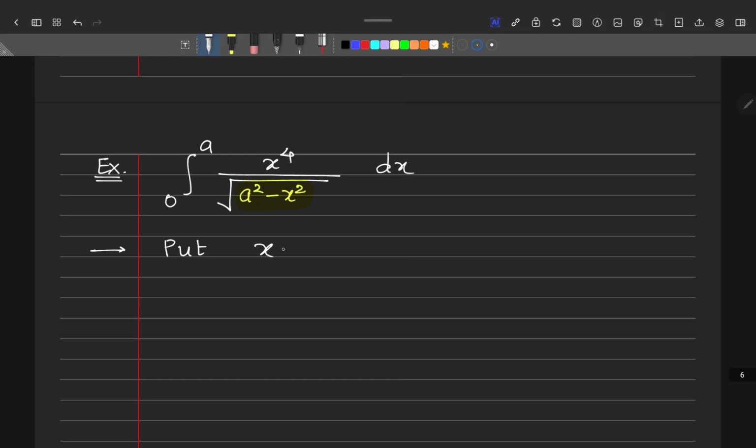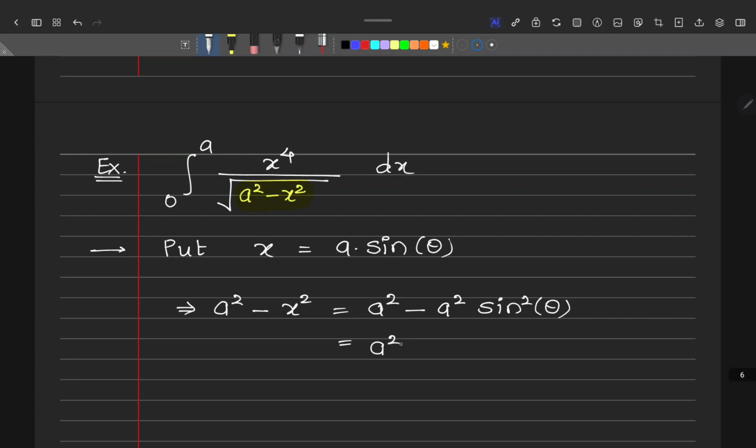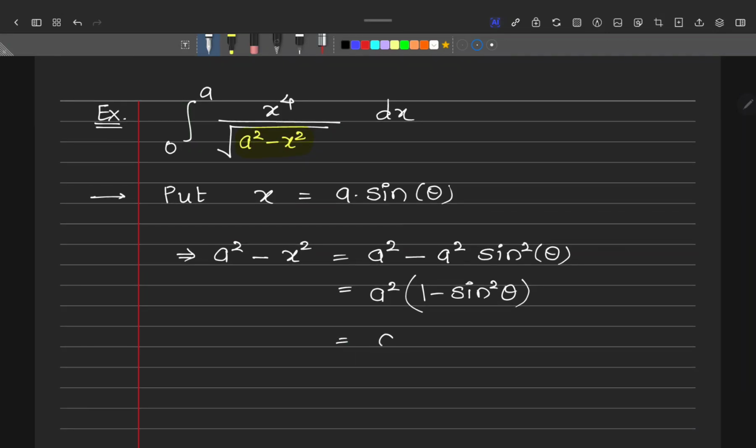If you put x is equal to a times sin theta, then the term a square minus x square will be a square minus a square sin square theta. If you take that a square common, we get 1 minus sin square theta, and 1 minus sin square theta is nothing but cos square theta.